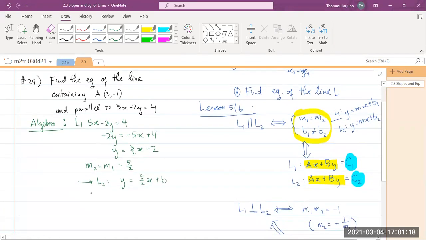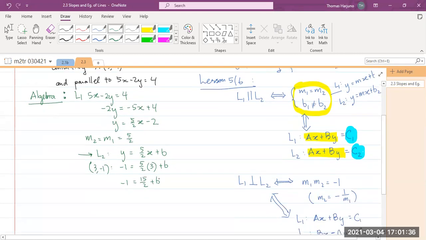Then let me plug the point 3, -1 into that equation and solve for b. So I end up getting b is -17/2. So line 2 is given by y equals 5/2 x minus 17/2.